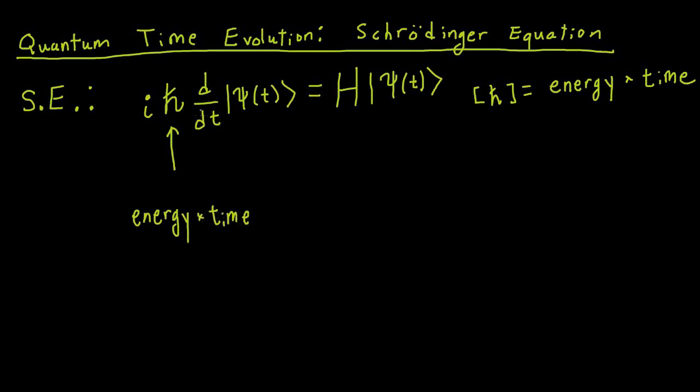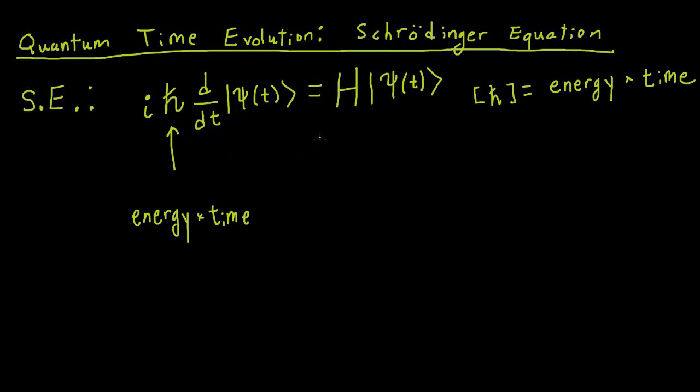Next, what are the dimensions of d/dt of psi of t? Well, we know that psi of t is just a vector with two complex numbers. But as we already discussed, complex numbers don't have any units. So what we're basically doing here is differentiating unitless numbers with respect to time.